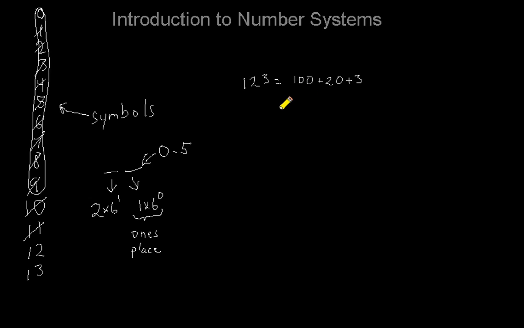And that's the same as 1 times 10 squared plus 2 times 10 to the 1 plus 3 times 10 to the 0. We're just exploiting that positioning information. So if you think of the digits as being numbered 0, 1, 2, then that's where those numbers are coming from.